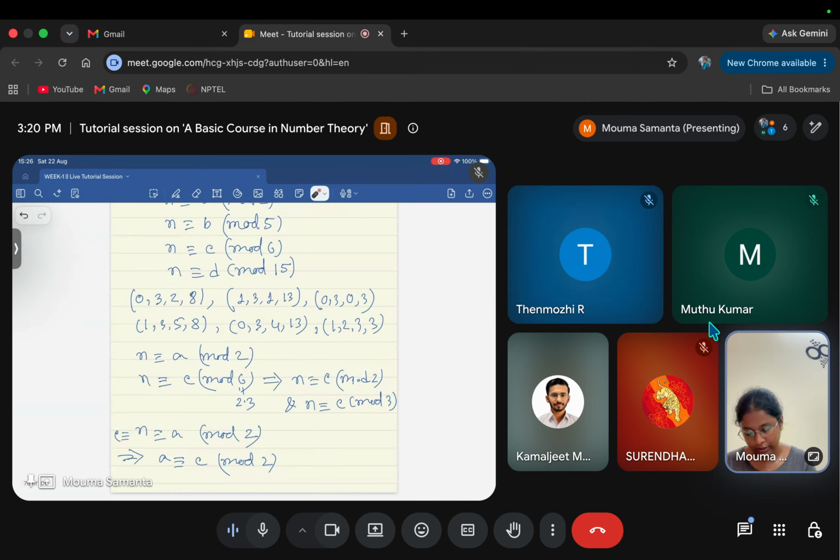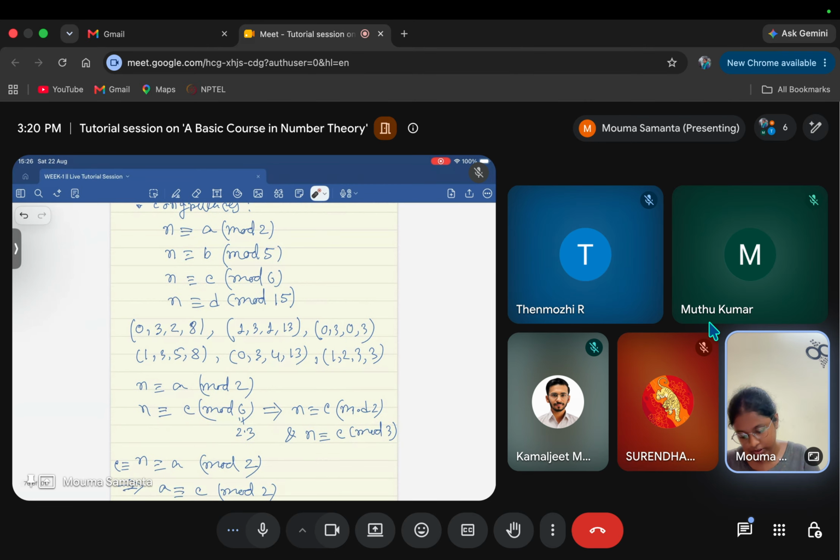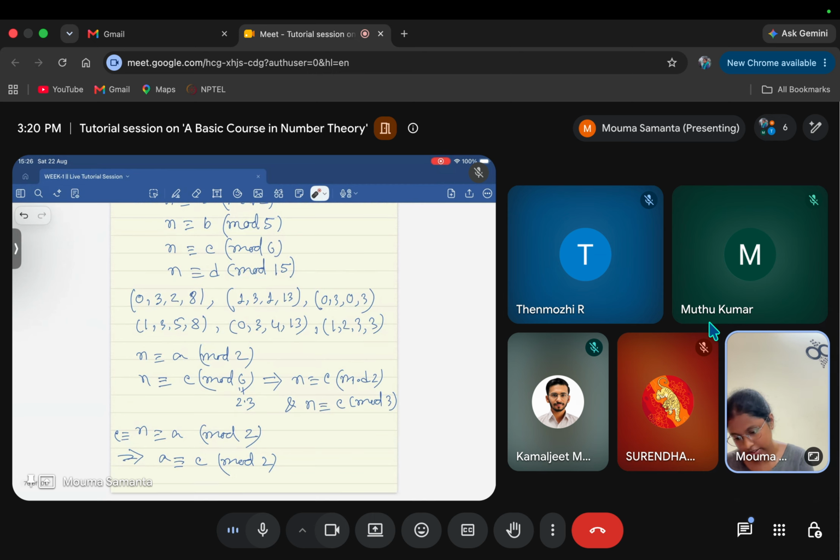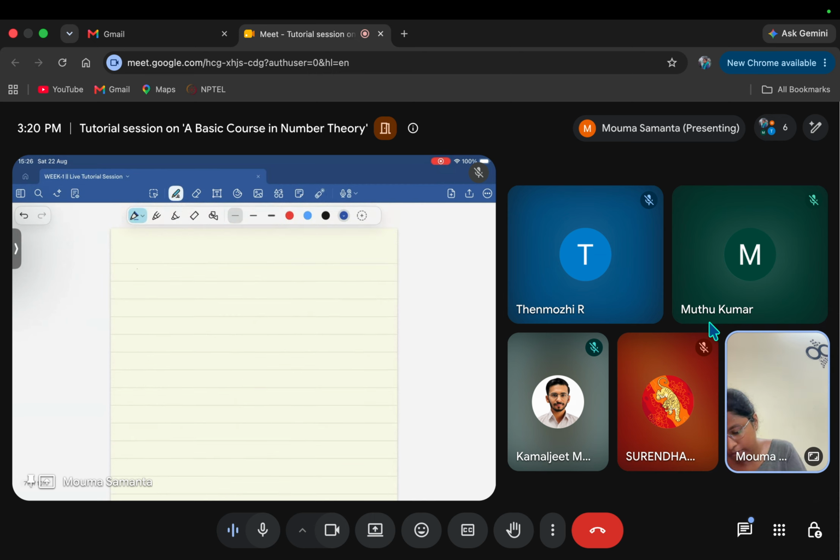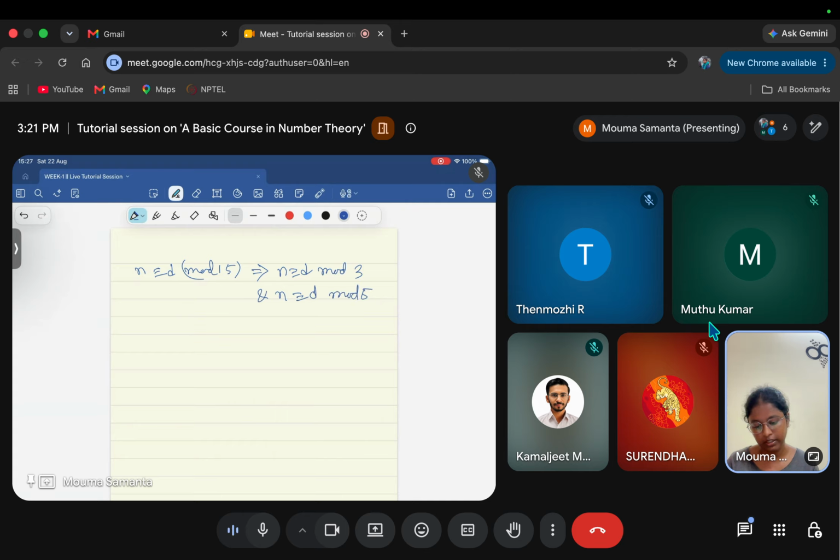So from the last congruence, n is congruent to d mod 15, that will give you n is congruent to d mod 3 and n is congruent to d mod 5, right?